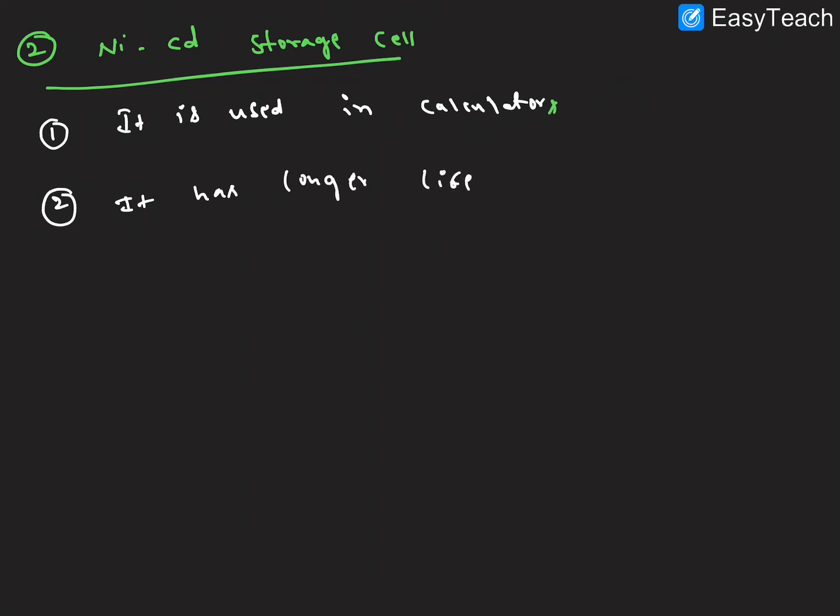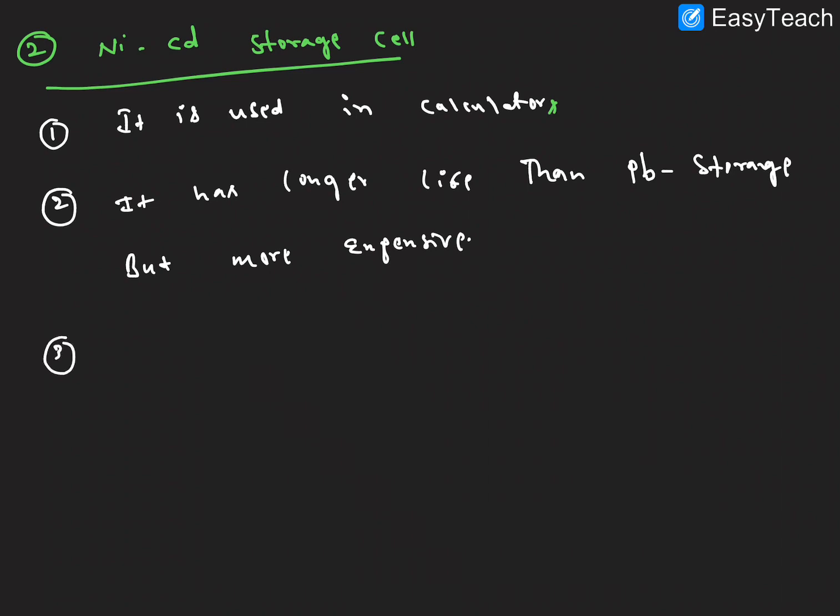The second point: the nickel cadmium cell has a longer life than the lead storage battery. But it is more expensive, the cost is more.